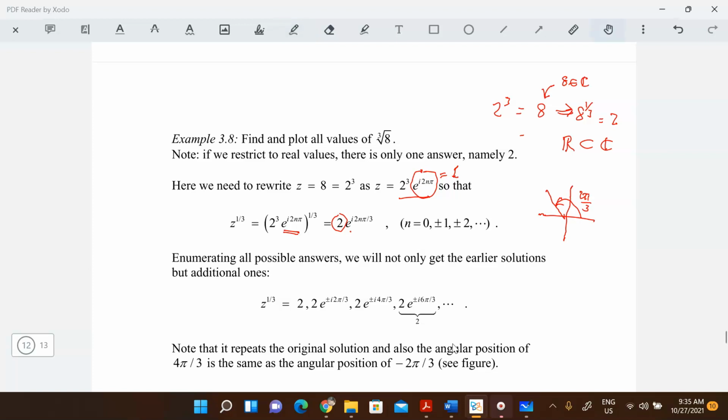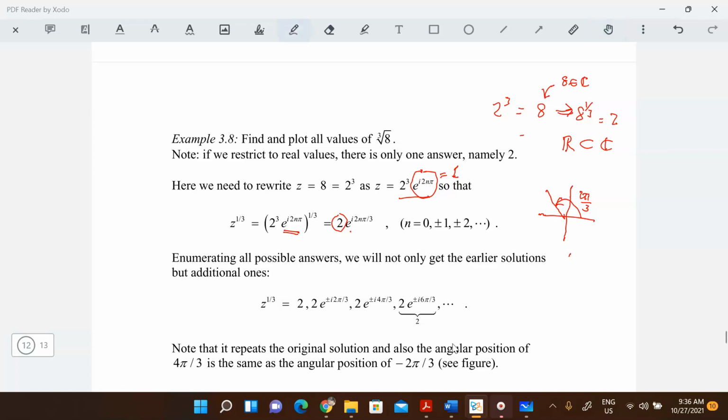Now I've found a different root, which is different from 2. That is one of them, but we also have another one because I can go further. For n equals 2, I will get 4 pi over 3.